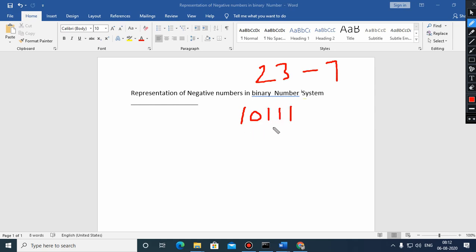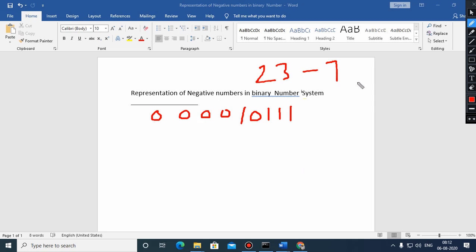This is 23: 16 plus 4 plus 3. And then 3 more bits just to complete this in one word representation, and one sign bit is here. So 1, 2, 3, 4, 5, 6, 7, 8 and one sign bit.